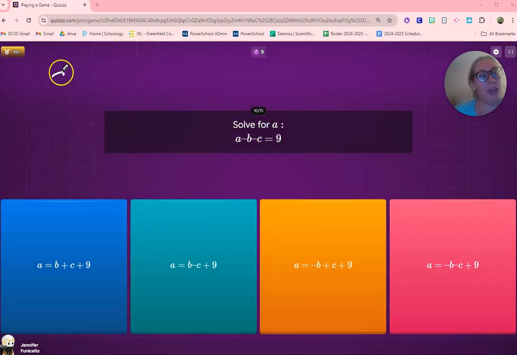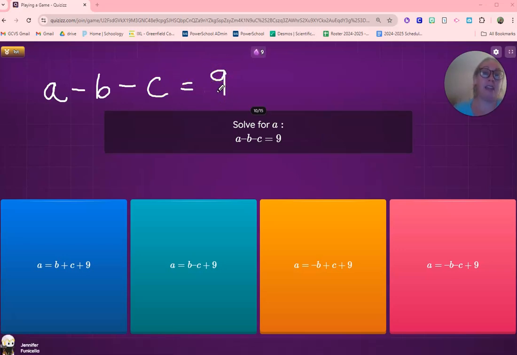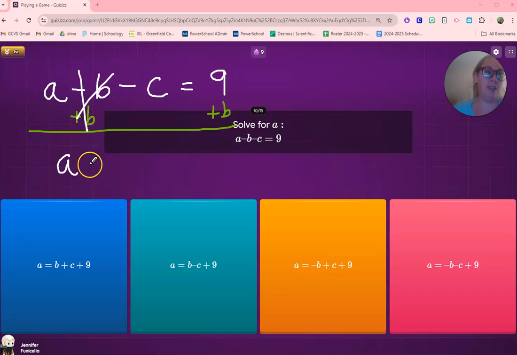Question 10, we have A. Ooh, that's a messy A. A minus B minus C is equal to 9. And it's asking us to solve for A. So first, perhaps I'll move my negative B over on the right side. And we have A. Negative B plus B cancel.